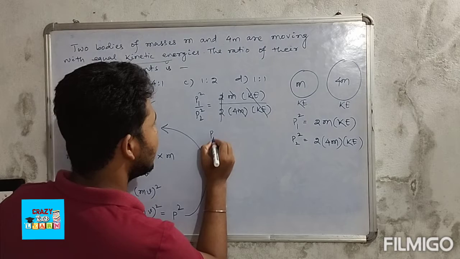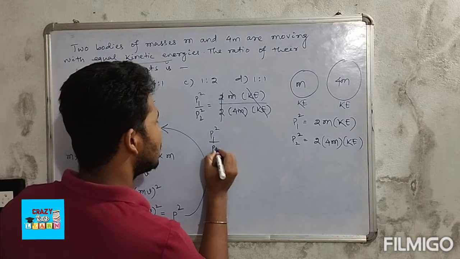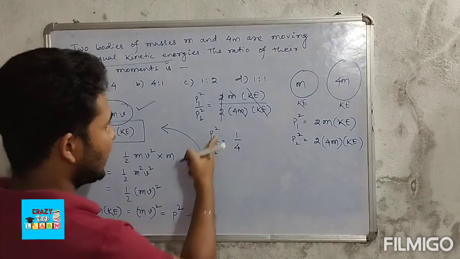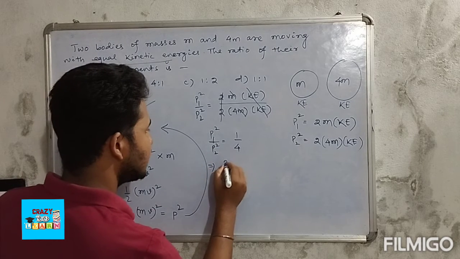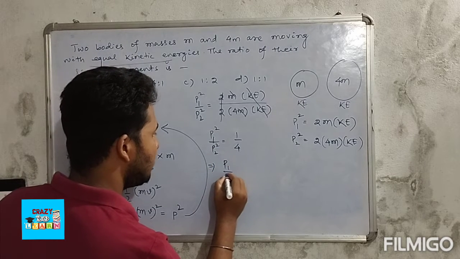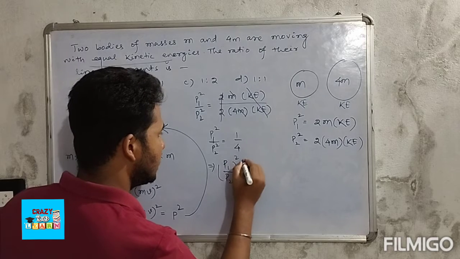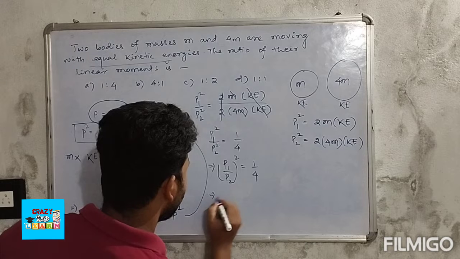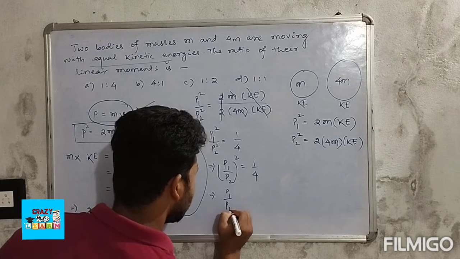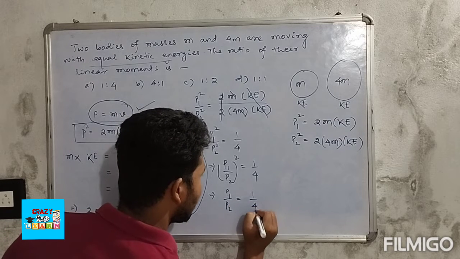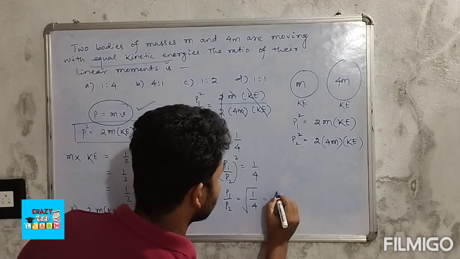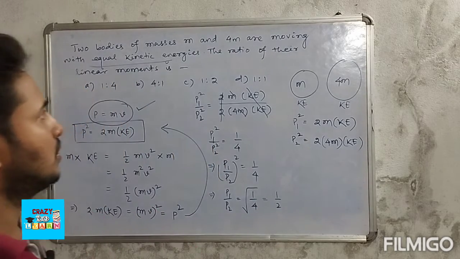So we get P1 squared divided by P2 squared is equal to 1 by 4. We can write this as (P1 by P2) whole squared is equal to 1 by 4. So what will be P1 by P2? P1 by P2 is the square root of 1 by 4. You will get 1 by 2.